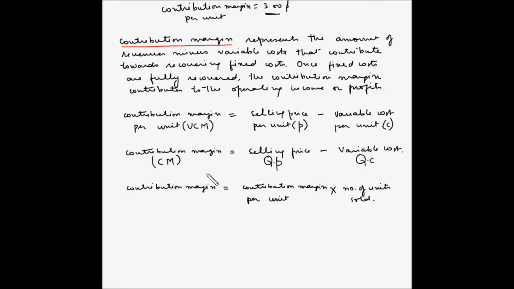However, if we have to find out how much percentage of the selling price is being contributed towards the fixed cost, then we can find it out by dividing the contribution margin per unit by the selling price of the item per unit. And this measure is known as the contribution margin ratio.